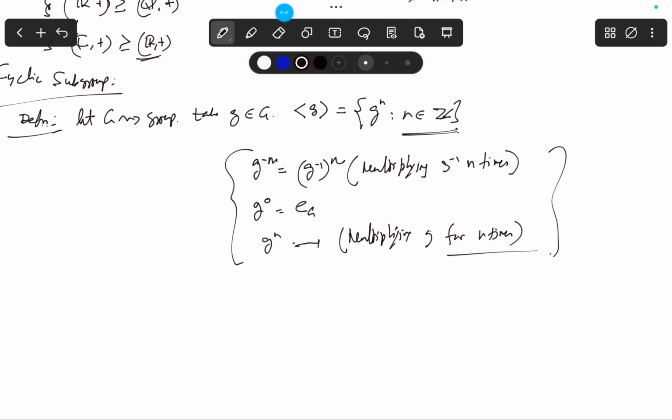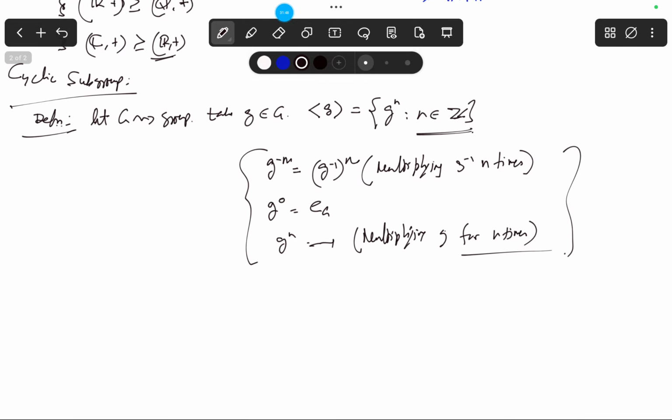So this is how we can define g power n over the integers, and following these definitions you can easily check that this is a subgroup.